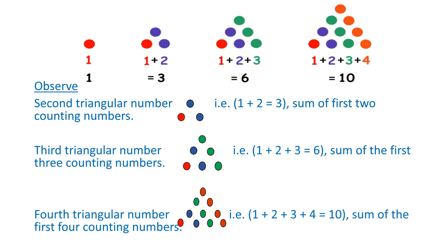Suppose we need to find the fourth triangular number, so we need to add the first 4 counting numbers, that is 1 plus 2 plus 3 plus 4, that will give you 10. 10 is the fourth triangular number. In this manner we can find any triangular number.